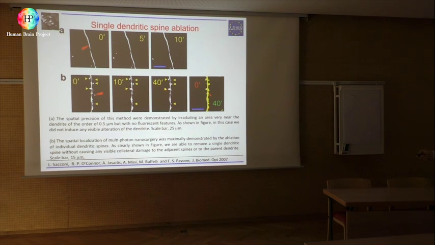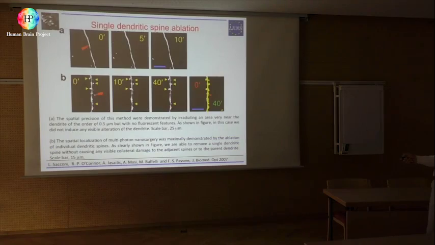You see here, we place the laser on the spine and the neck is still there. So it's very precise. It's much below the diffraction limit of the laser. The resolution here is 1 micron, but we can make a hole of a few tenths of a nanometer. So we can study at that point the spinogenesis, and the climbing fiber plasticity.